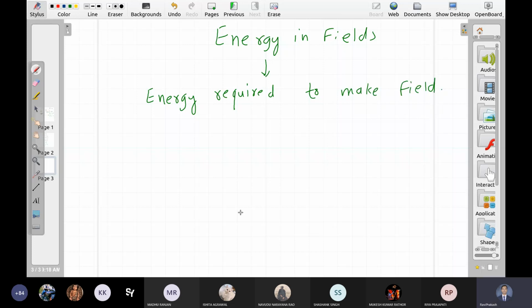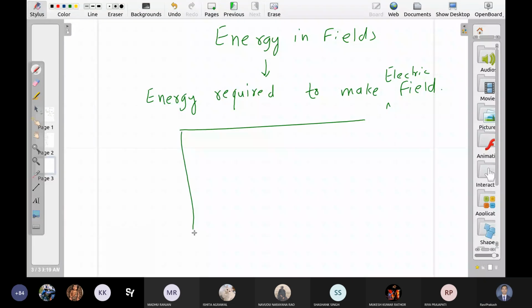Let us say we use an electric field. What does it mean? This is a complete vacuum. No electric field, no magnetic field, nothing is here. And you want to make some electric field here. But this electric field cannot be generated on its own. Some work is needed to generate it.